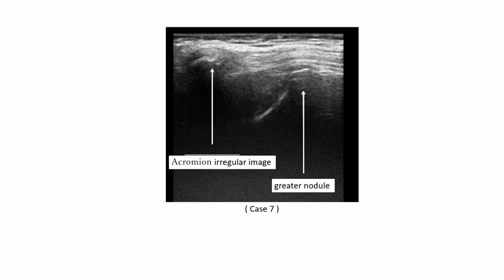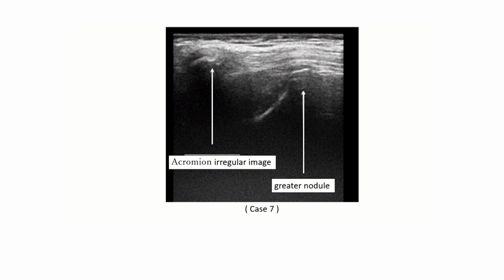Case 7. 78-year-old female. She had pain in her shoulder joint and pain in her mid-upper arm. An irregular image was confirmed on the acromion bone surface, which is considered to have been damaged by the traction of the deltoid muscle.